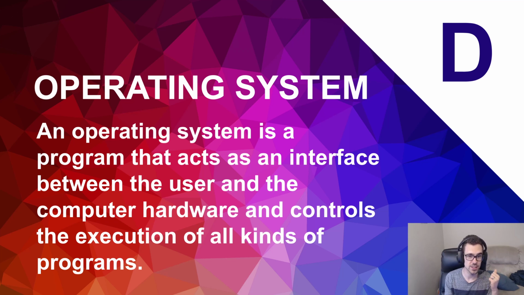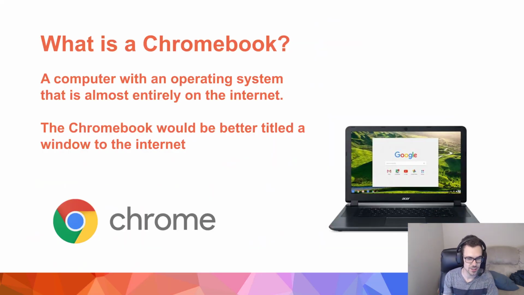So if it's an interface that acts between the user and the computer hardware, which I think Chrome does, and controls and executes all kinds of programs, has settings, has user interfaces, has the ability to sign in and sign out, that's kind of the traditional definition of an operating system. And Chrome does all of those things. That's the thing. So is it an operating system? I don't know. I'll let you decide that, but I personally think it kind of is.